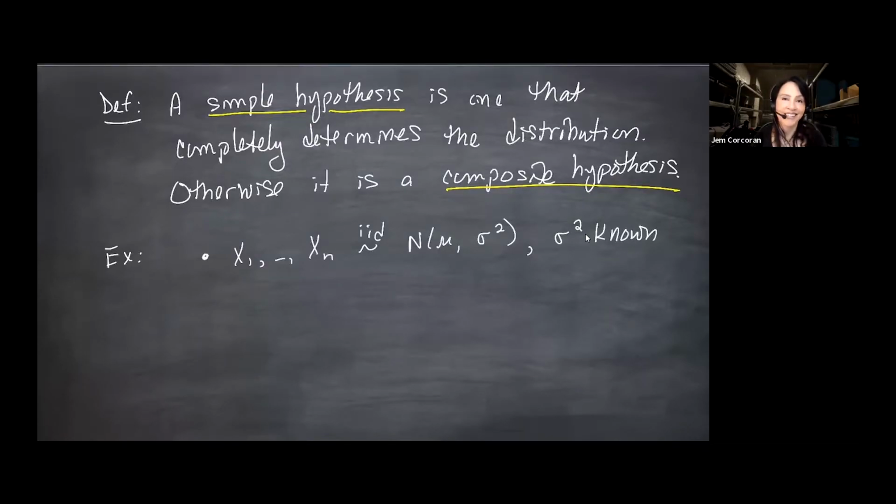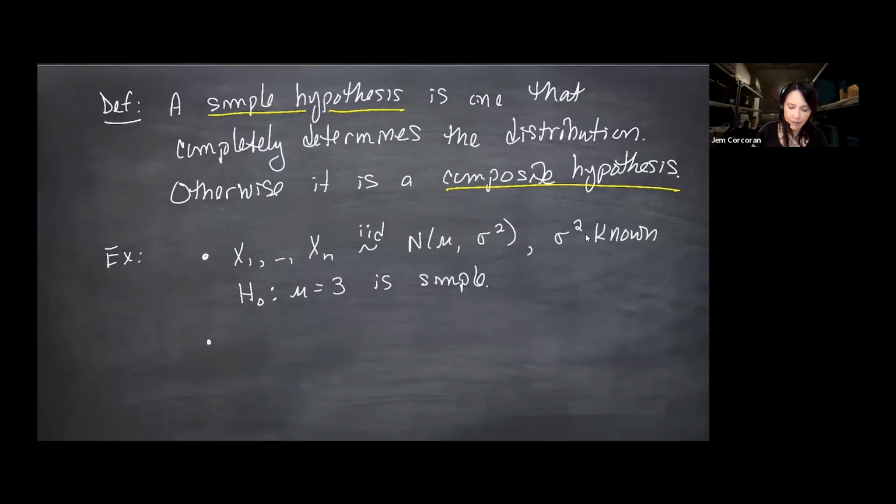Which I keep saying is kind of silly, that you would not know mu and know sigma squared, but it is a building block. So the null hypothesis that mu equals 3 is simple, because if you know that it's true, then you know exactly what distribution X1 through Xn came from: the normal distribution with mean 3 and variance sigma squared, which is known.